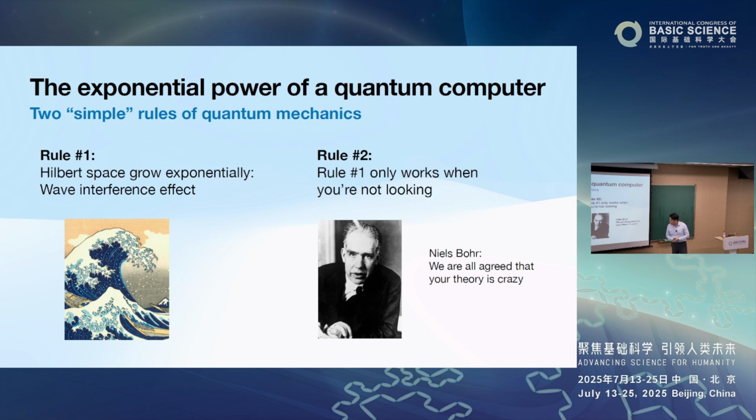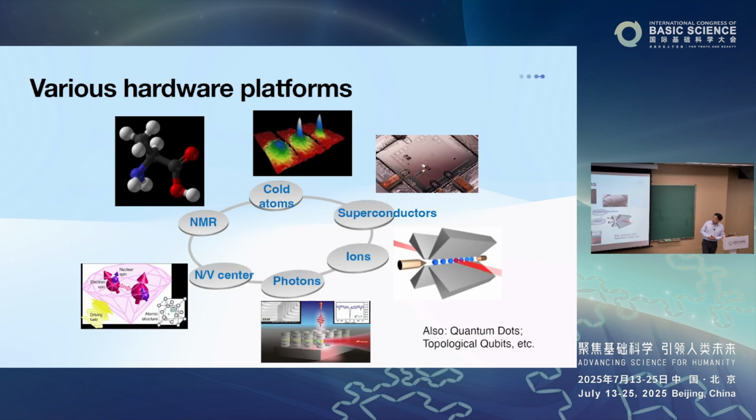It was Niels Bohr who famously said, we're all agreed that your theory is crazy. And this quantum measurement, in my opinion, still has many open questions, which we'll touch upon at the end, in the many-body setting. How do partial projective measurements entangle and disentangle the many-body system is still very interesting.